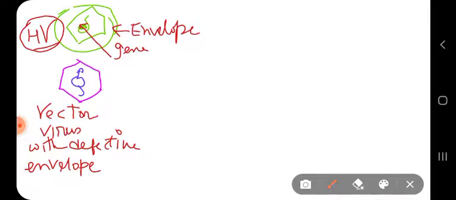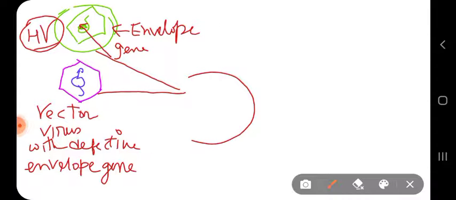So you can see here we are using a vector virus having a defective envelope gene, and with the help of a helper virus we are trying to insert them into the host cell. Normally the helper virus contains the normal gene for envelope production.